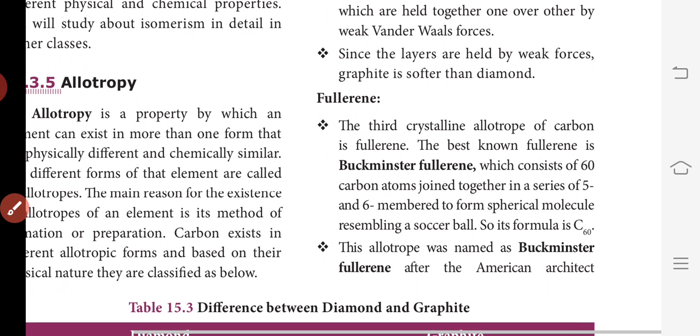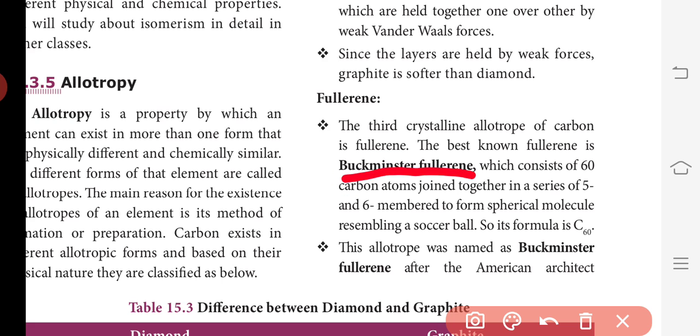Then about fullerene, a third crystalline allotrope of carbon. The best known fullerene is Buckminster fullerene, which contains 60 carbon atoms joined together in a series of 5 and 6 membered rings to form a spherical molecule resembling a soccer ball.